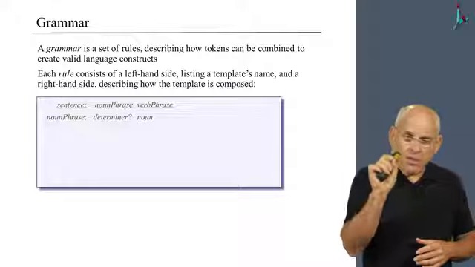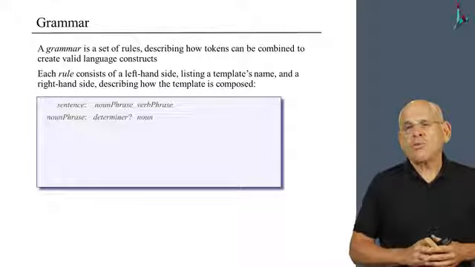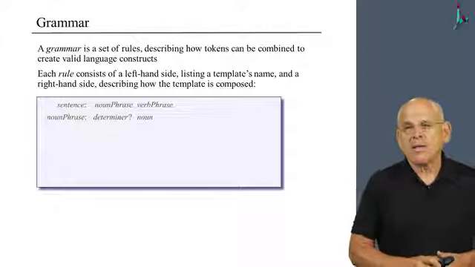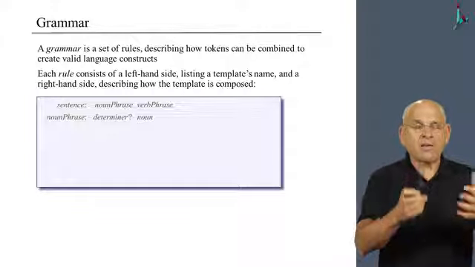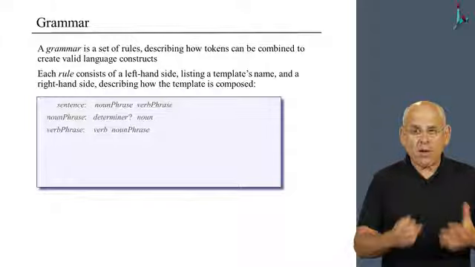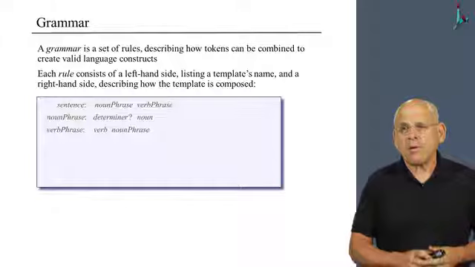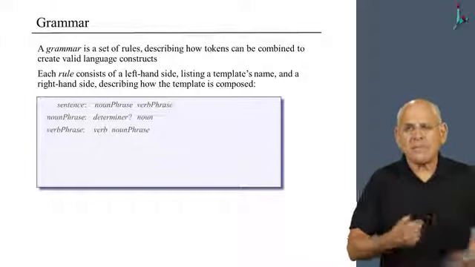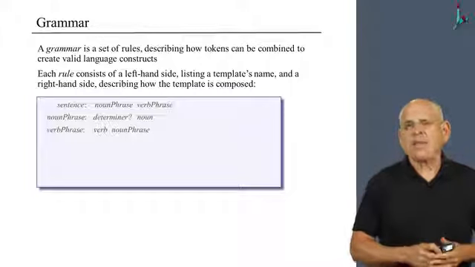So notice that I use a question mark to refer to something that may or may not appear in the pattern known as noun phrase. What about verb phrase? Well, a verb phrase is a verb followed by a noun phrase. So we see that this grammar is quite recursive.